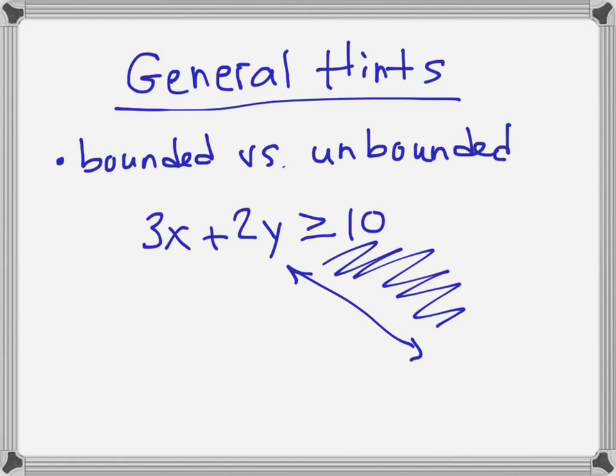If there is no limit on the x or the y, something like x is less than 3, then this will probably be a candidate for an unbounded graph. I think number 30 is an unbounded graph, number 30. So you might want to expect that.